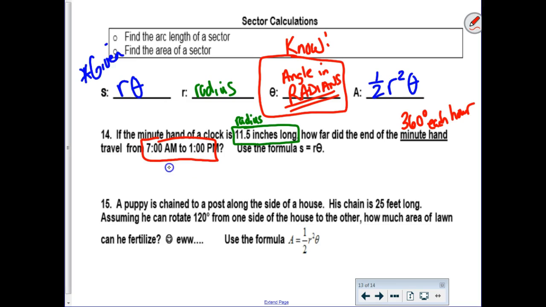So for this, which is 5 hours, I'd have to multiply that by 360. Oh boy, I don't have a calculator handy. Let me grab one. There we go. All right, so, whoops, 5 times 360 is 1800.